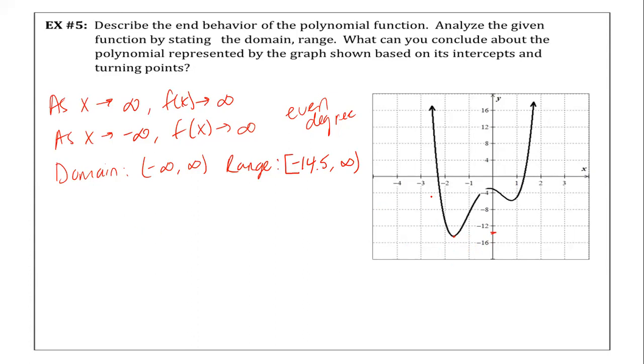Now we're going to look at our intercepts. So it actually has how many real zeros? We have 2 reals. 1, 2. So we have 2 real zeros. Let's approximate at approximately x equals, it's smaller than a half, negative 2.3.